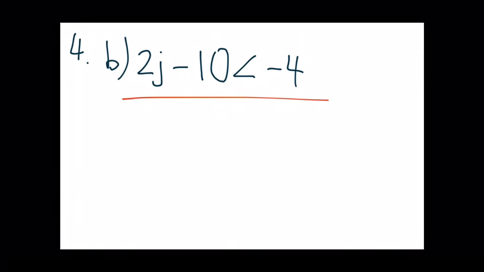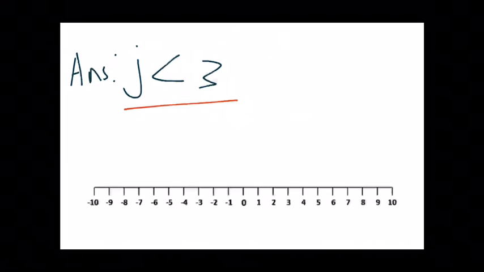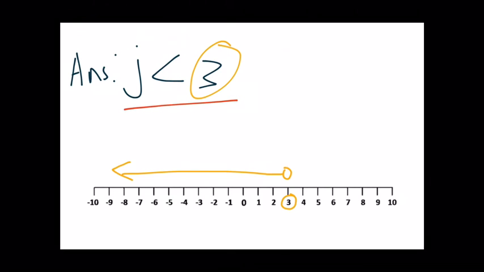Now, in order to graph j is smaller than 3, we need to first find 3 on the number line, which is right here. We're going to plot a hollow point over it and extend it by an arrow towards -infinity because j is anything smaller than 3. Remember that this dot is left hollow because j cannot actually be 3 itself.